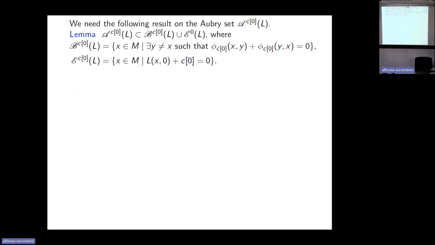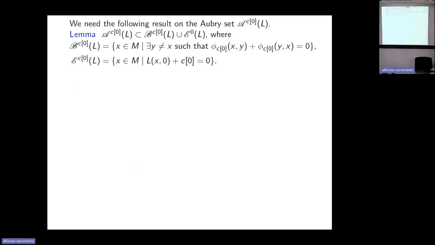It's a set of x such that I can find a y such that (x, y) is in the graph of the Mather relation. Okay, I can find a y different from x such that phi_c0(x, y) + phi_c0(y, x) is 0. Or, if I'm not in this set, I am in the set of x where L(x, 0) + c0 equals 0.